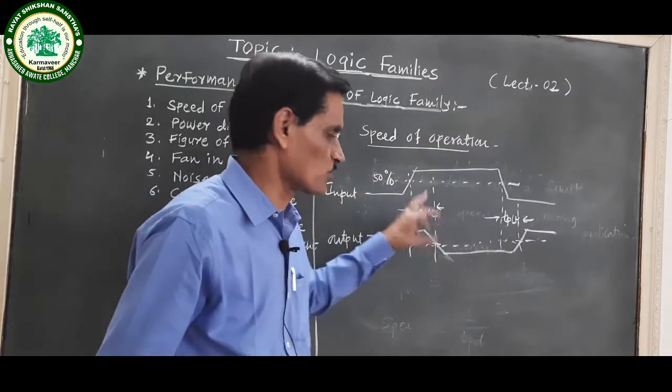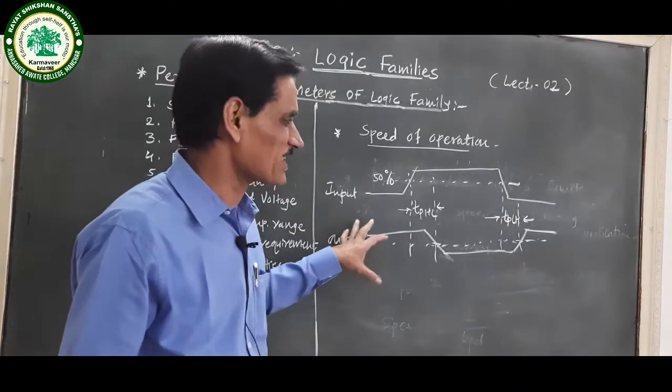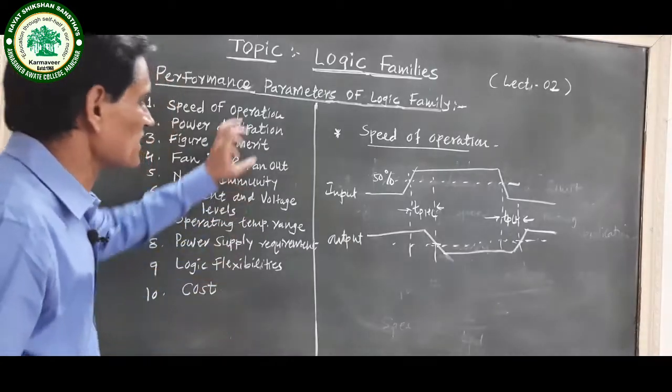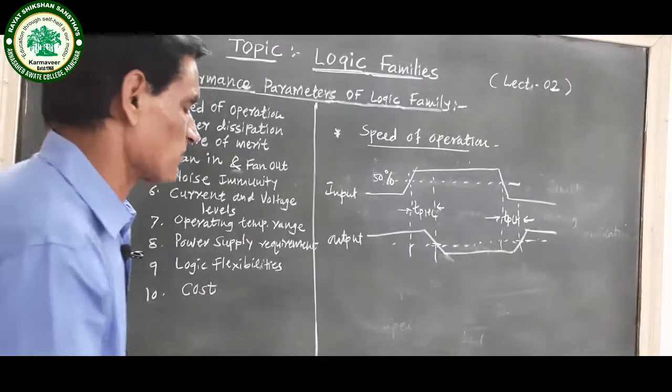The average value of these two time delays is nothing but the propagation delay. I think there is no need to go into the details of that. But the operating speed of any logic family mainly depends upon the value of propagation delay.